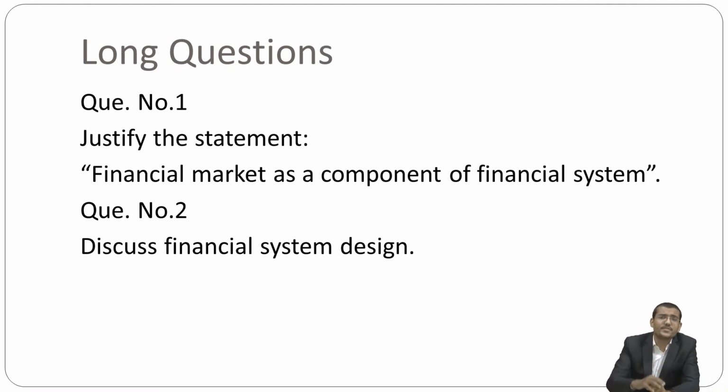In the first, the long question, you have to justify the statement: the financial market as a component of the financial system. And in the second question, you have to discuss the financial system design.